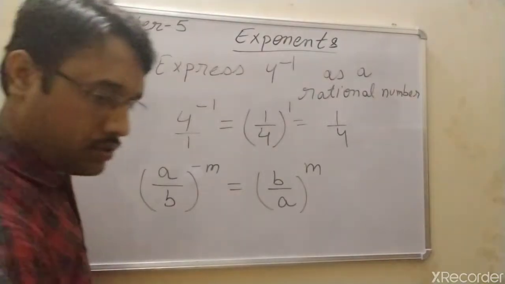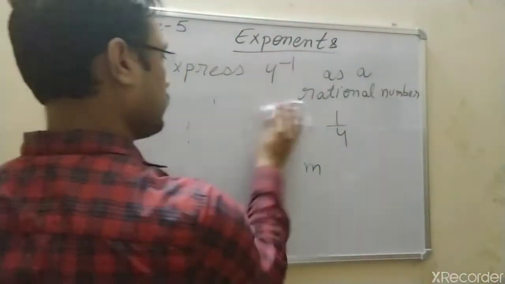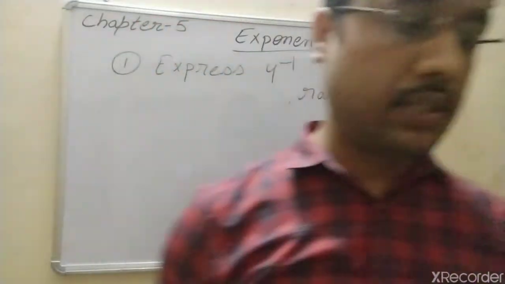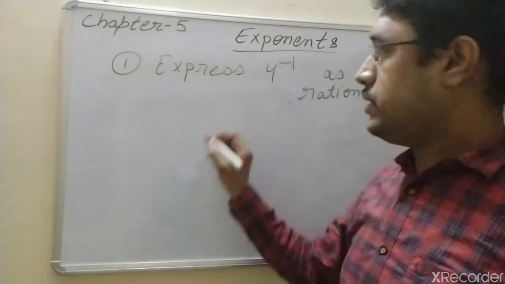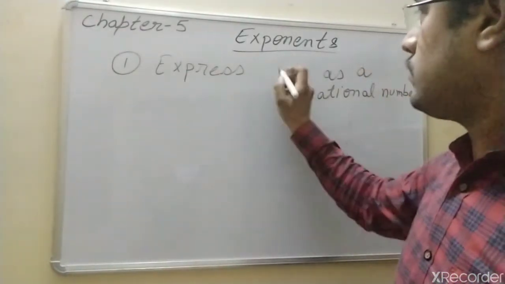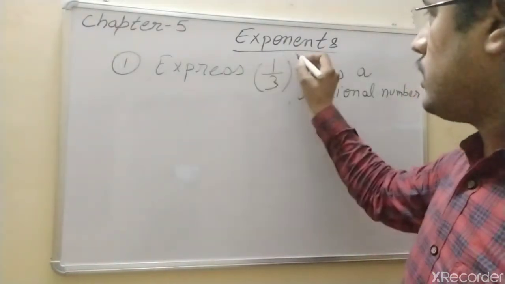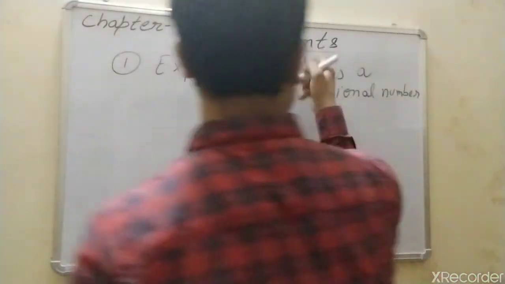Okay. Now the next question is here. Suppose this question is given: 1 by 3, and the power is minus 1. The base is 1 by 3 to the power minus 1.